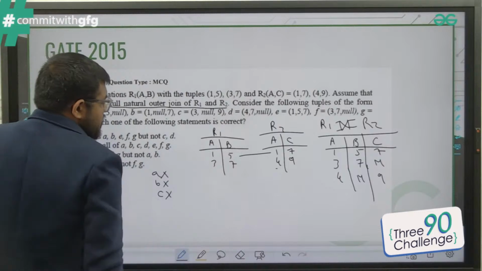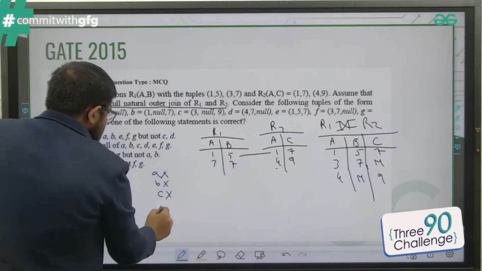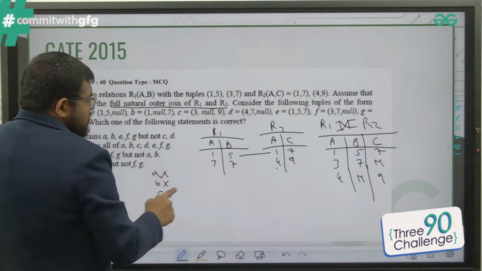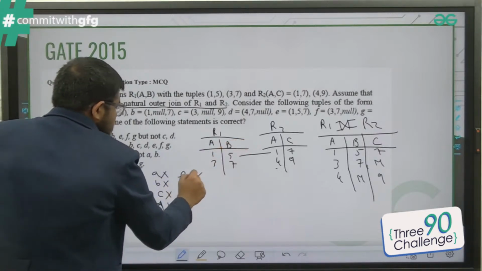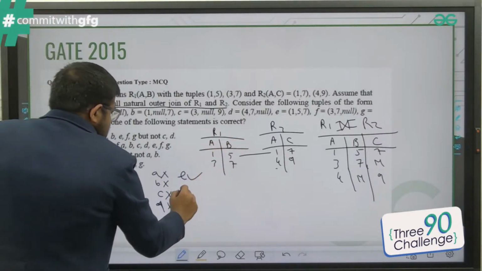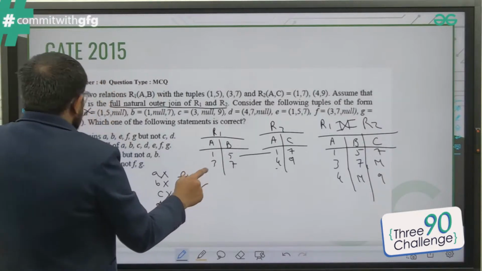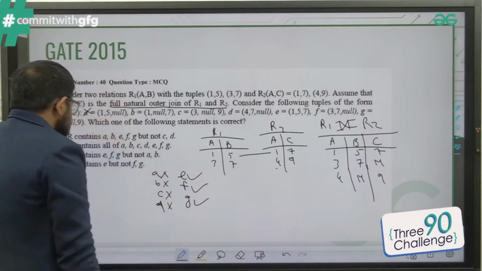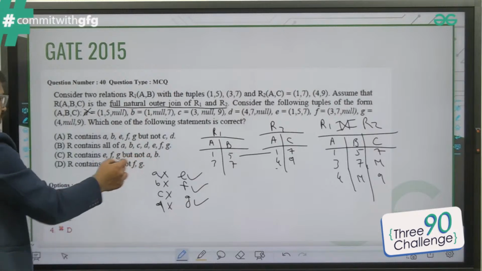Then 4 7 null, D is also not present. Then E, 1 5 7, is present. 3 7 null is also present. And G is 4 null 9, which is also present. So EFG is present but not AB.